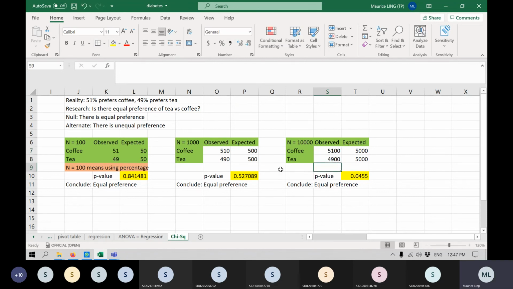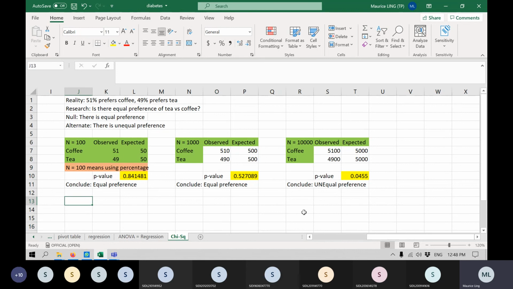Look at the p-value. It drops below our threshold. So you conclude unequal preference. If you use percentage, whether you are surveying 1,000, 10,000, 100,000, you will still go back to just this alone.